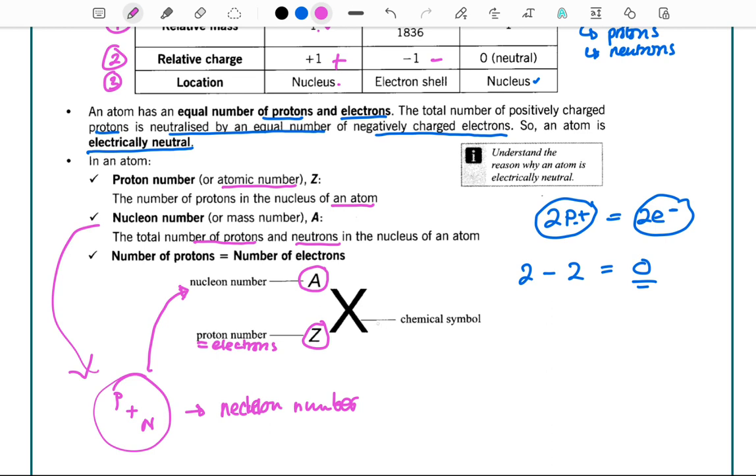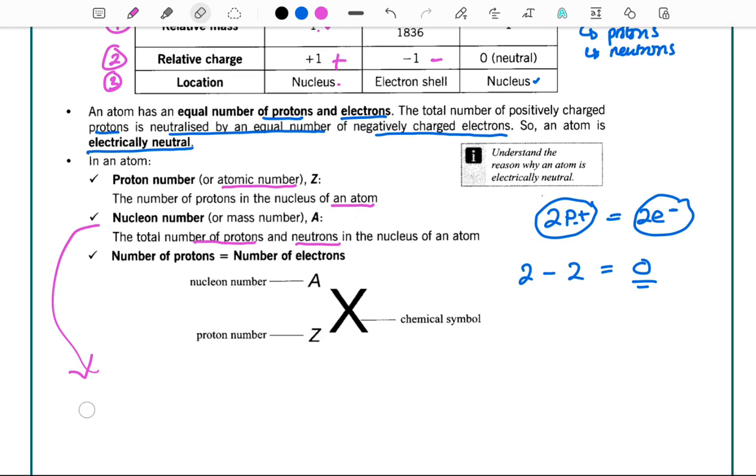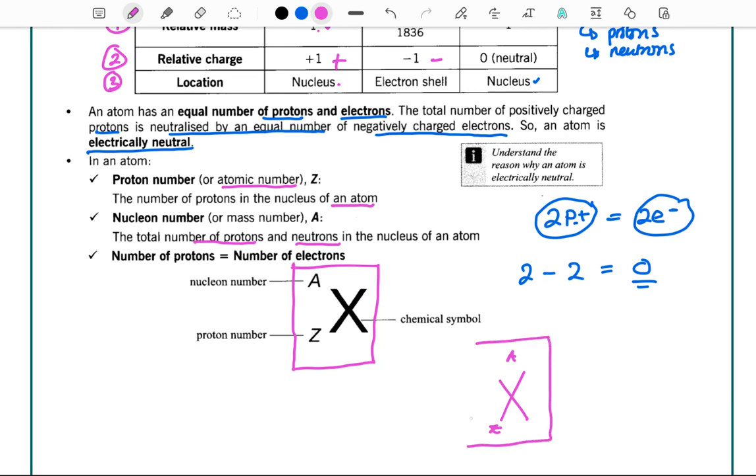And the other thing is that when you go to the periodic table, this is the representation of what we find in the periodic table. Normally you find it like this, let's say X, and then we have our A, and at the bottom left corner we'd have our Z. So normally the periodic table that you'll be given specifically for Zimsec has this nature.